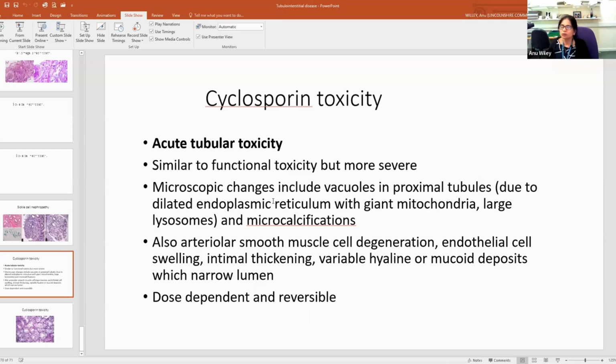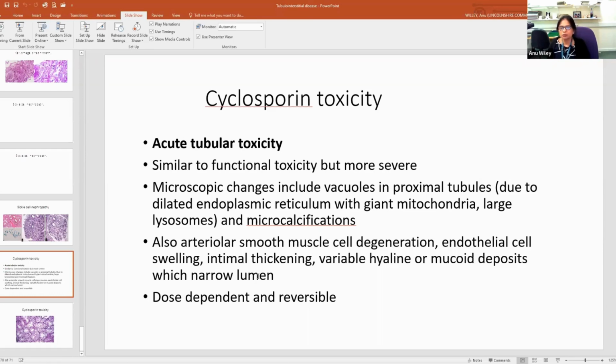So you can have acute tubular toxicity, where it is similar to the functional toxicity but a lot more severe. The damage in acute toxicity is predominantly in the tubules, and you will have dilated endoplasmic reticulum and giant mitochondria with lysosomes and microcalcification. What it manifests as is isometric vacuolation of the tubules, which I will show you a picture of.